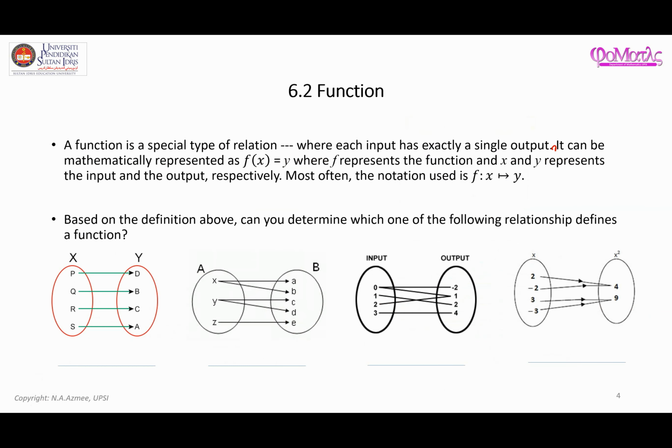So therefore, a function is a special type of relation where in order for a relation to be called a function, it has to satisfy this statement where each input has exactly one output. So f here is the function, x is the input, and y is the output.